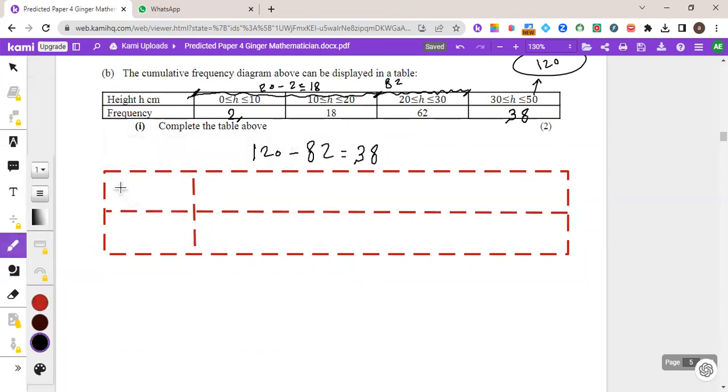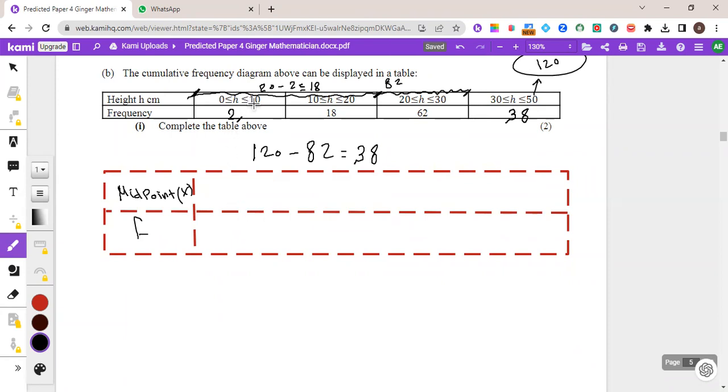So here it is the midpoint, which is x. Here the frequency f. Then I will multiply them.